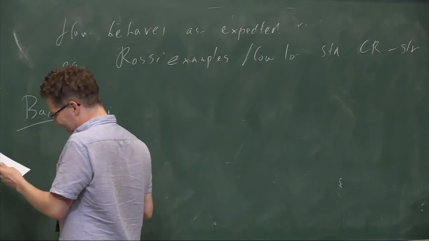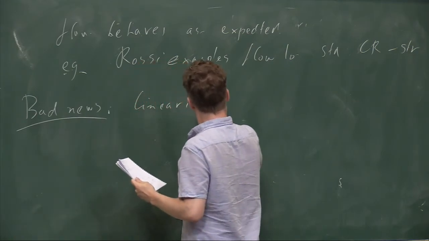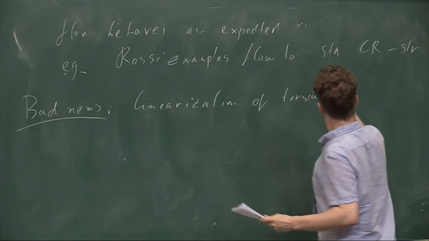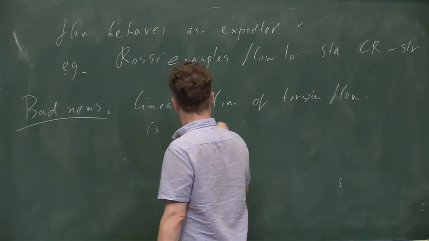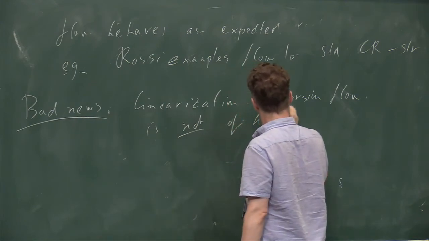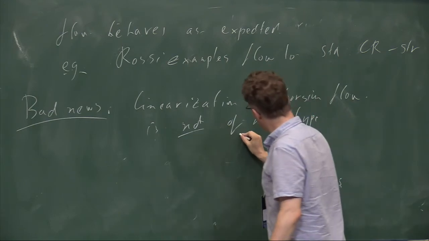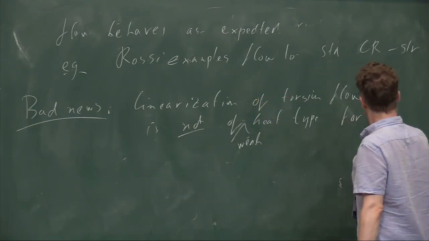So now the bad news, and maybe this is the most useful part of this talk. The linearization in general of this equation is not of heat type, not even of weak heat type, for general initial conditions.